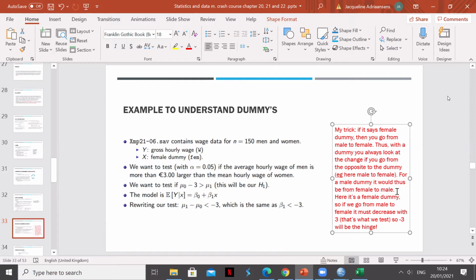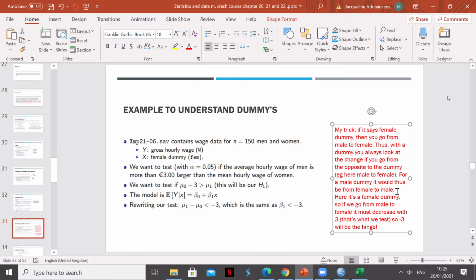And if, for example, you look at the regression of a few things on wage, for example, the gender and the age, and you take a male dummy, and you say this male dummy is x1. And if beta 1 is, for example, 3, then it would mean that going from being a female to being a male means that your wage goes up by 3.